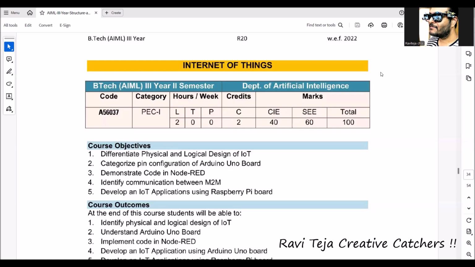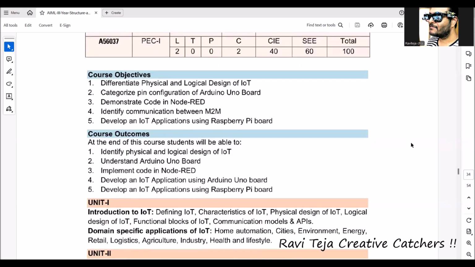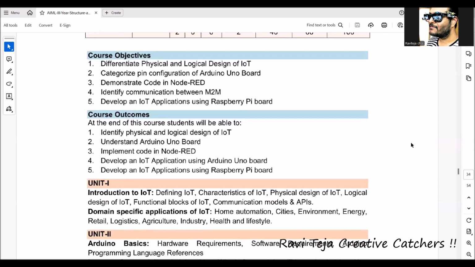All those things we are going to study in the further sessions. And we are also able to identify the concept of machine-to-machine communications, and using Raspberry Pi, we are going to develop various applications as well. So both Arduino boards and Raspberry Pi boards, we are going to use them in the laboratory, and also we are going to learn the theory as well.